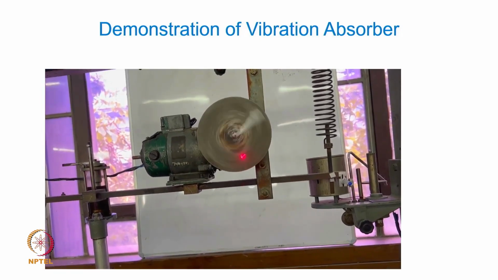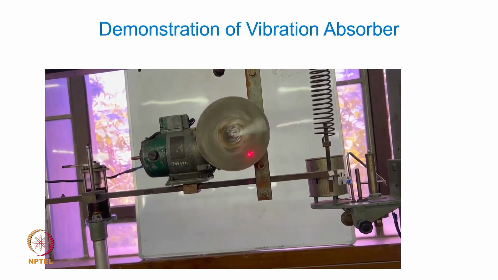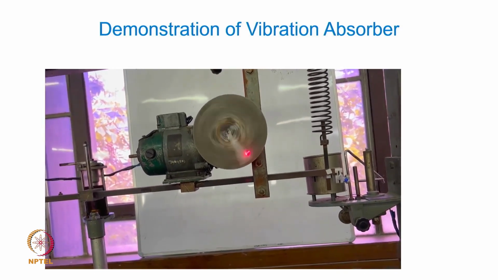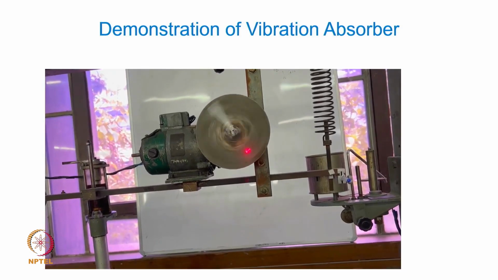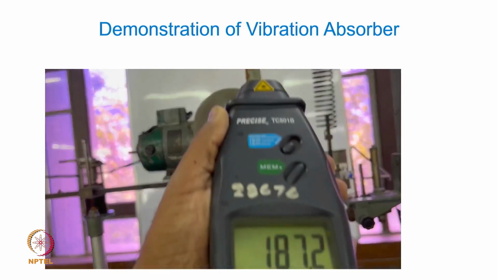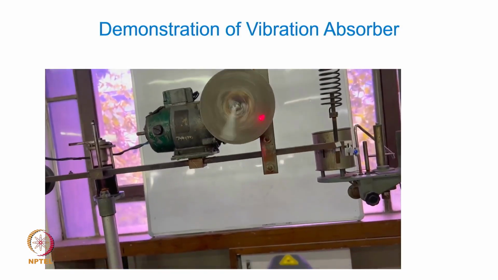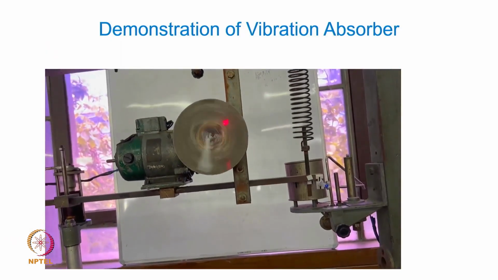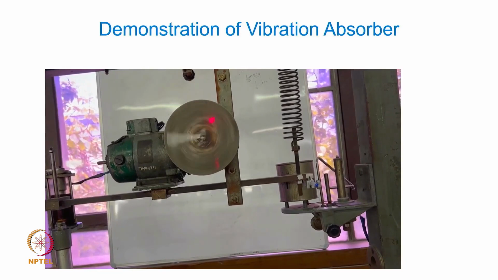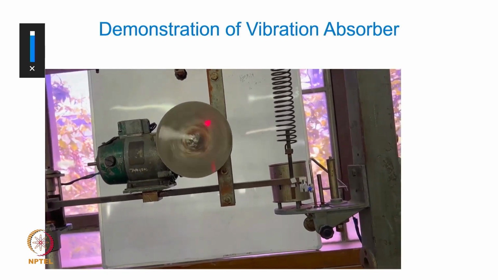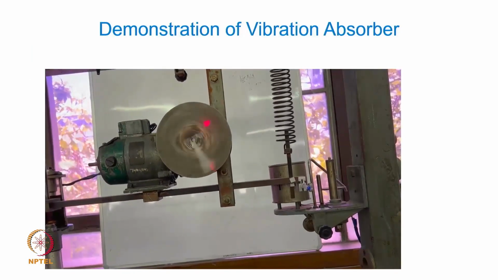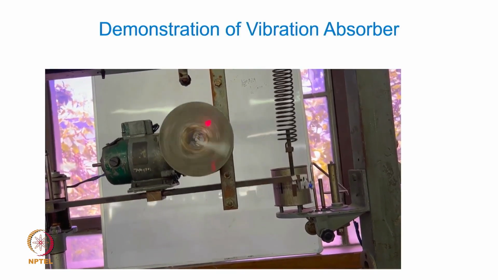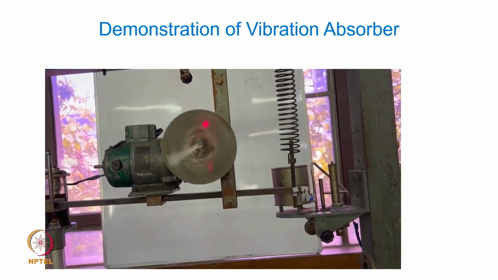And you would now see that the amplitudes become very large as the vibrations are going to be reaching a very large value. The moment I bring the speed, so if I bring this speed to a smaller value, and then yes, as you can see now, the amplitudes are really becoming very large.